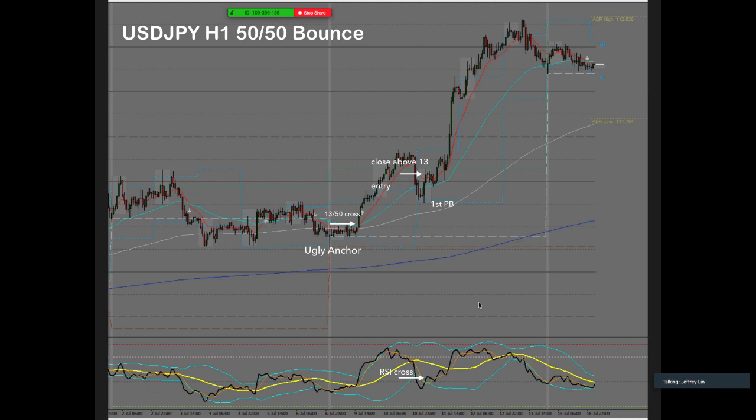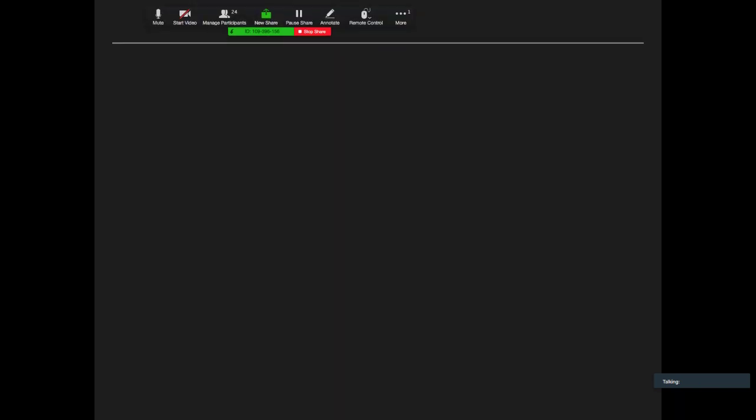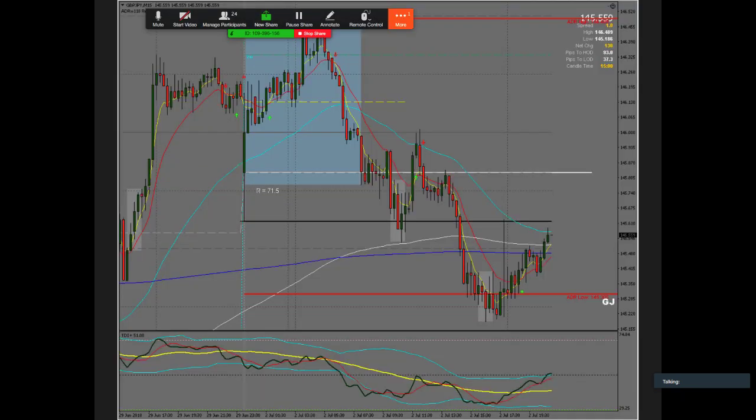If we go back to some other examples, like here, you can see on this bounce, this touch of the water to the 50 right here, it touches the 50 static up here, right? So you can go back on these charts and backtest these.